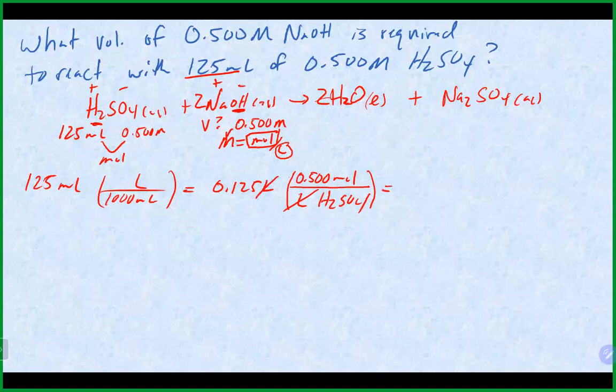In this case, we end up then with 0.125 times 0.5 gets us 0.0625 moles of H2SO4. Once again, though, we do need the moles of the sodium hydroxide to figure out what we're really looking for. So that again is where the stoichiometry comes into play.